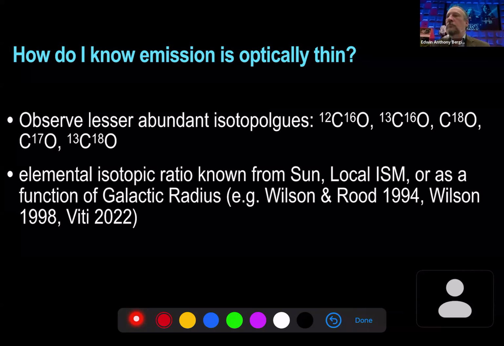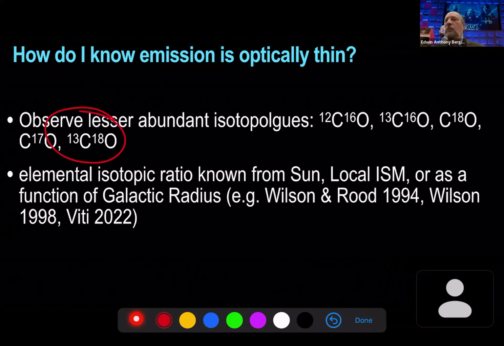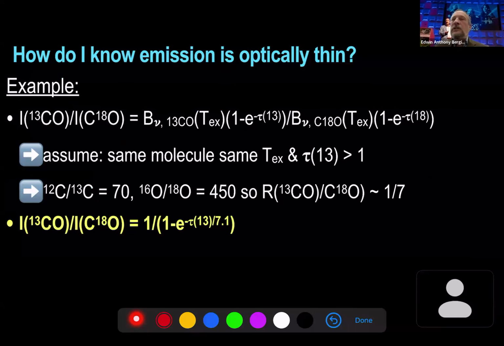The more abundant isotopologues are more likely to have optically thick emission than the lesser abundant isotopologues, such as that one. And I know these elemental isotopic ratios from lots of different studies and the references that I give you there. So, for example, I can actually derive the optical depth from my observations.